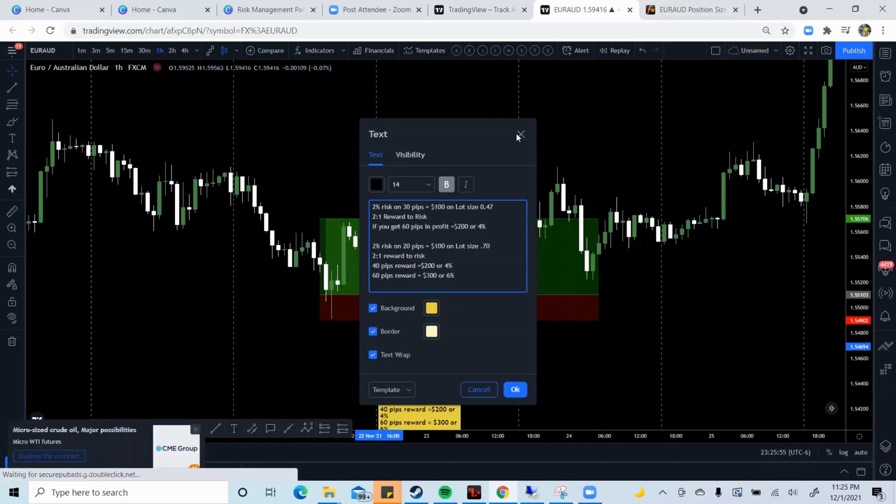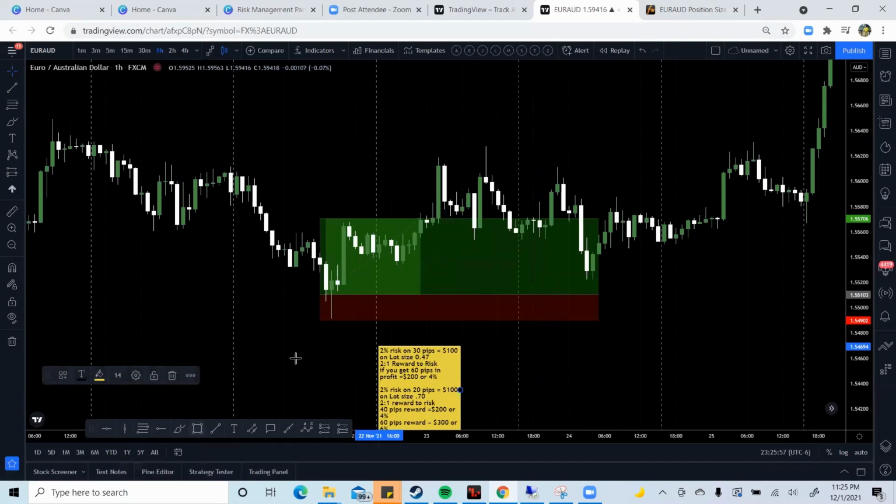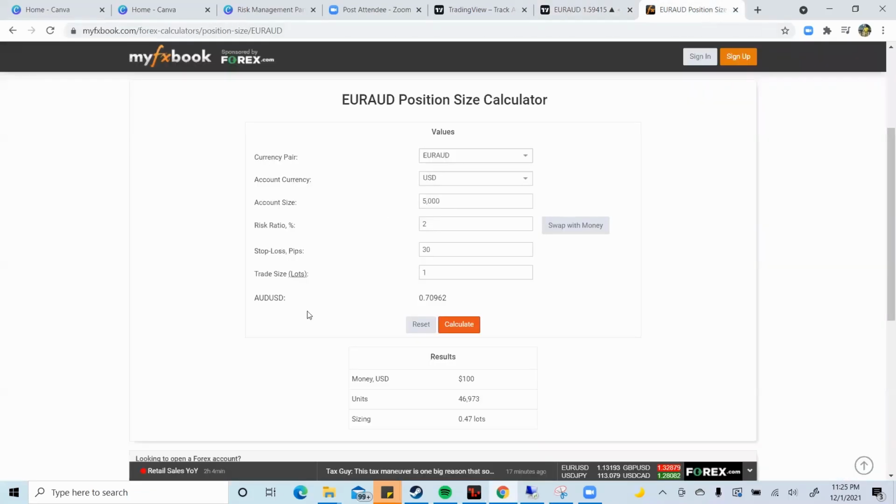The main thing here is going to this calculator and making sure you know what your lot size is, because it's going to do all the work for you. You saw how different pairs make 2% different lot sizes, even if you don't change the account size. So make sure you use that aspect of it.